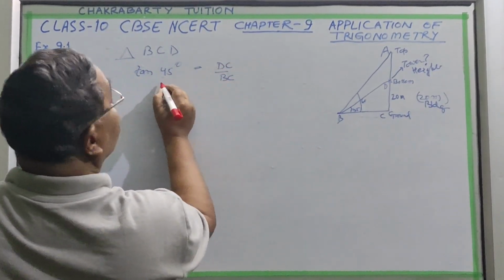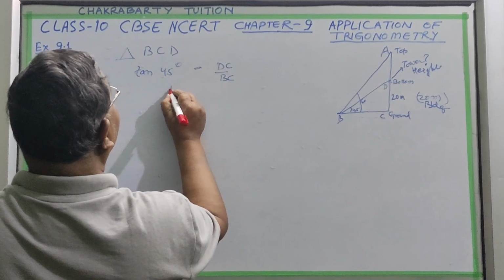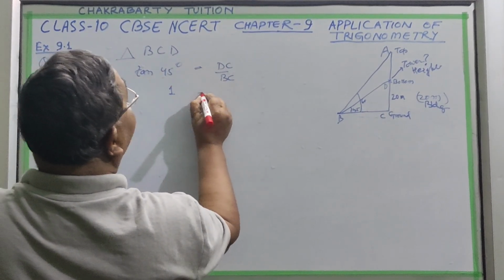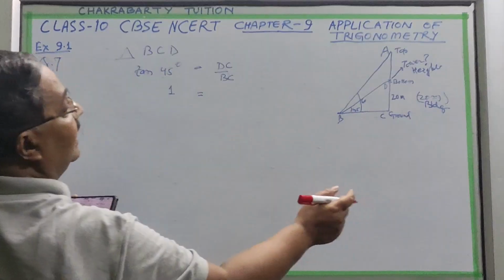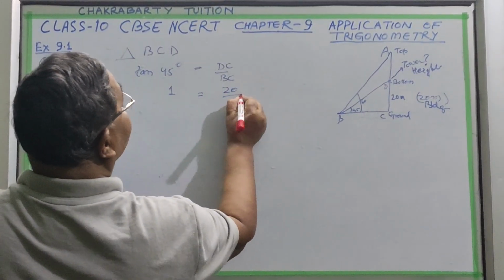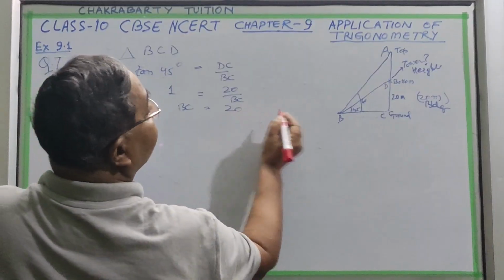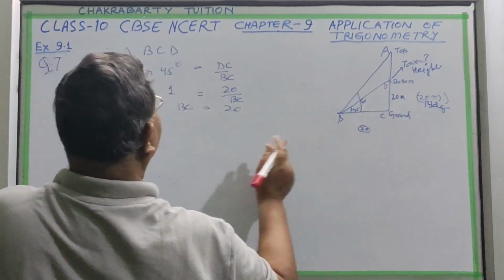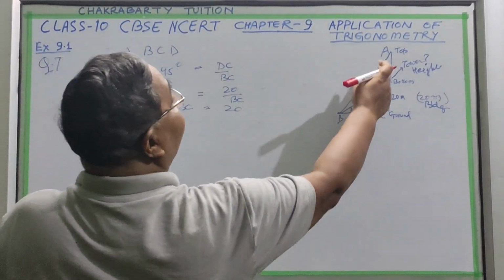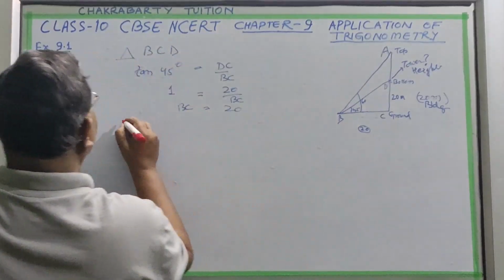Tan 45 is equal to 1, and DC is 20 meter and BC is here. So BC will come to this side and it will become 20. So this ground is 20. BC is 20.